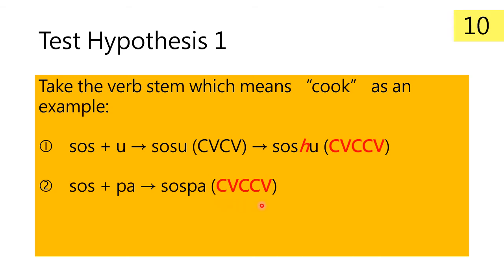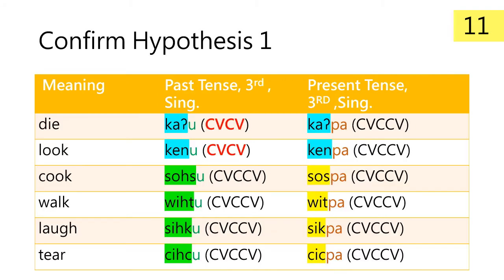Comparing the 2 alternative forms, saucehu and saucepa, we found that the 2 forms have the same structure, CVCCV. Therefore, we infer that the word structure CVCCV is required by this language, and that the sound H is inserted, not only to avoid the unallowable structure CVCV, but also to conform to the required structure CVCCV.